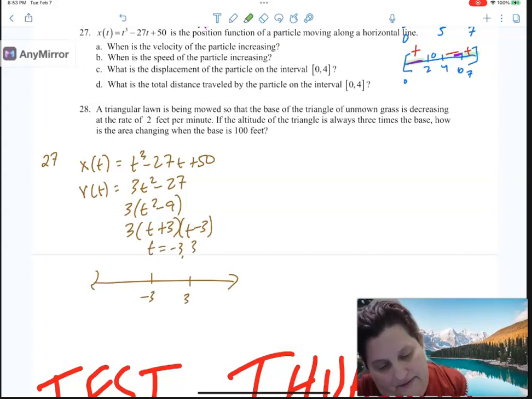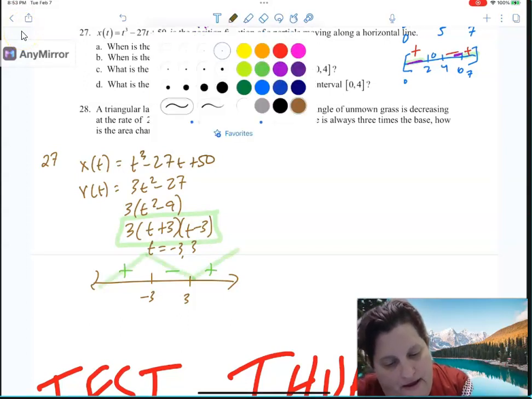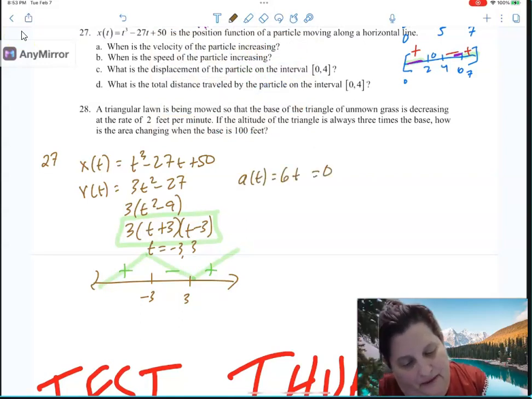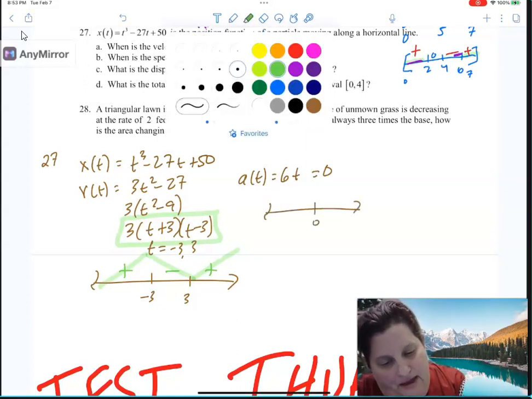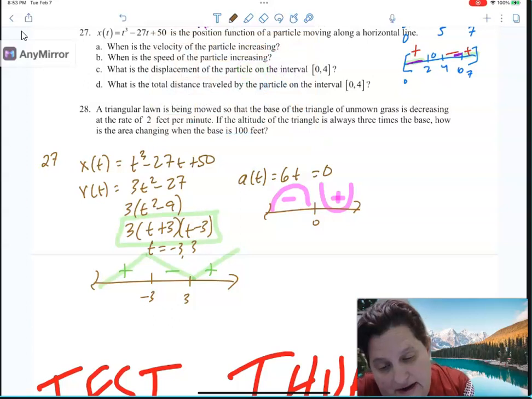If I plug in here, I get negative, positive, positive. All right, second derivative, acceleration is going to be 6t, and that equals 0 at time 0. And I know that to the left of it, it's negative, to the right, it's positive, so that's concave down, concave up.